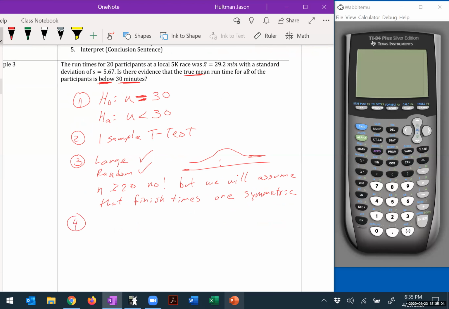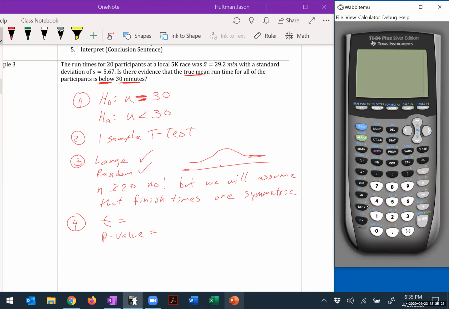Okay, we could calculate our test statistic. So we would calculate what t is equal to and our p-value. Let's have the calculator do this for us. I don't want to go through all the labor of trying to calculate all this on my own.